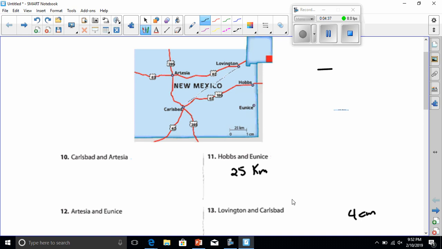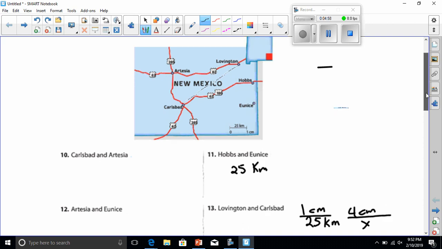We remember that any 1 centimeter is going to be equal to 25 kilometers. Now we have to see how many actual kilometers we've got here. Well, we can take cross multiplication.